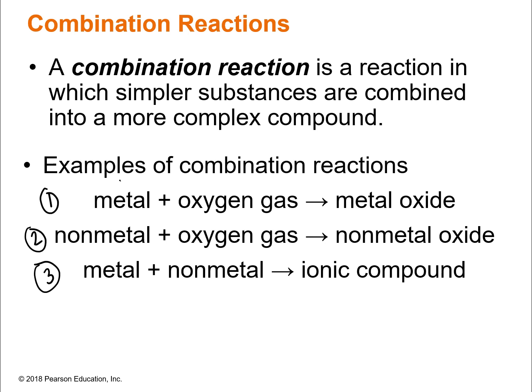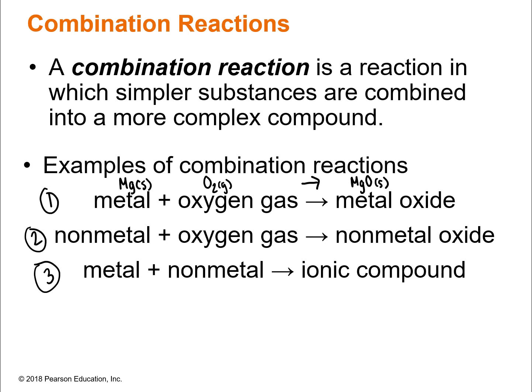So if you're given, for example, magnesium solid and oxygen gas, you should recognize that you have a combination reaction and you're going to make magnesium oxide. And the same with these other two.